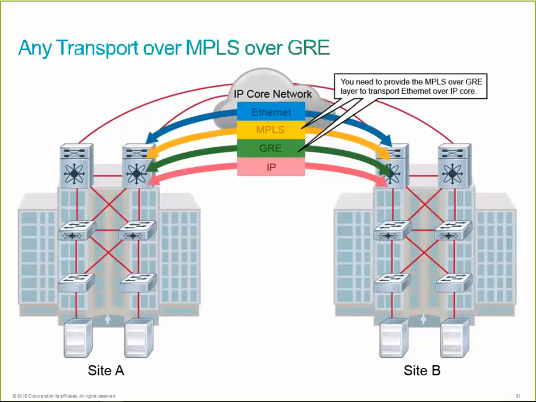This applies if the service provider doesn't provide Layer 2 VPN services, or in the case where DCI needs to be established over an existing IP core, or in the case where everything over MPLS or VPLS is not an option, right?